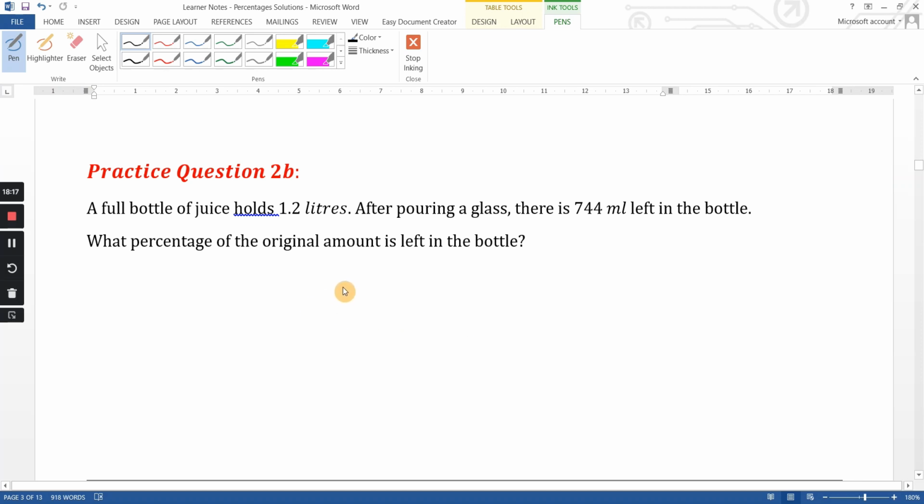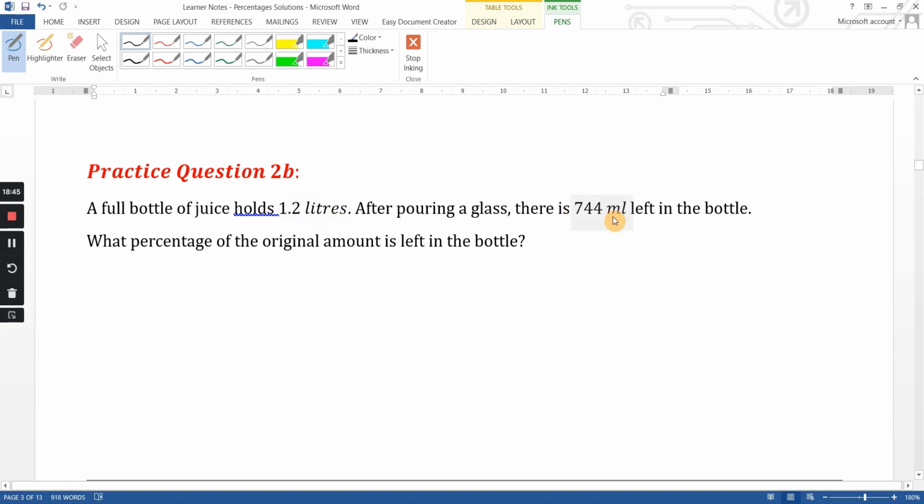Practice question 2b. A full bottle of juice holds 1.2 litres. After pouring a glass, there is 744 millilitres left in the bottle. What percentage of the original amount is left in the bottle? So there's 744 millilitres left. What percentage of the original amount is left? Well, 744 out of the original.